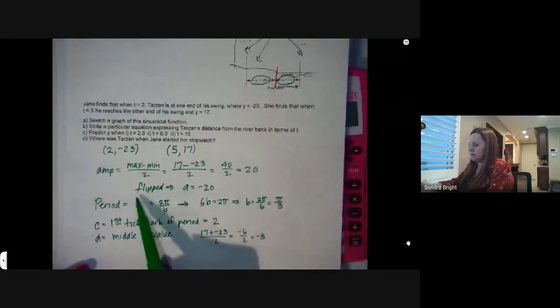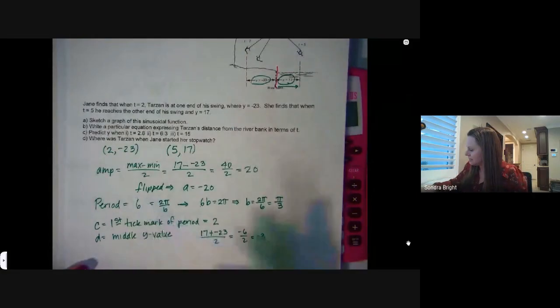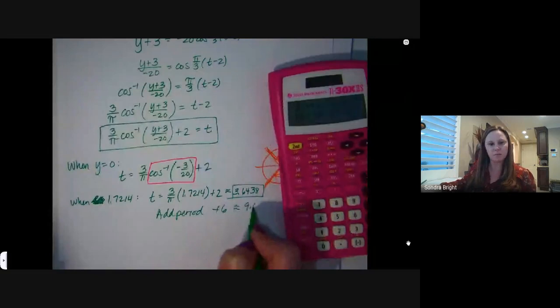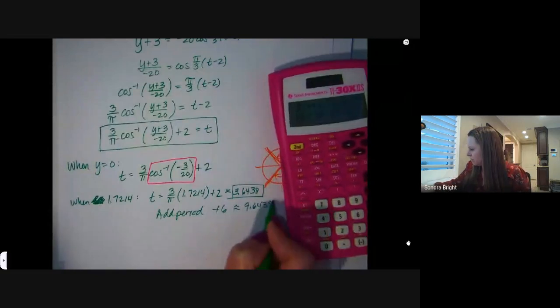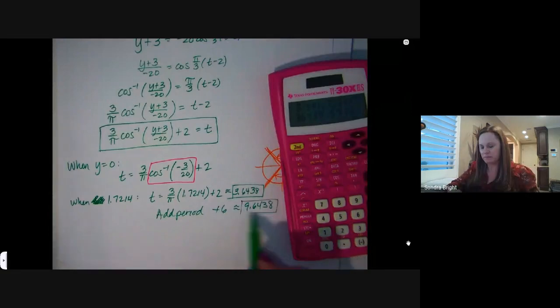So I'm going to add 6 to this value, and that'll give you 9.6438. That's a possible one, but I'll box it so I can find it later. It may be too big, though.